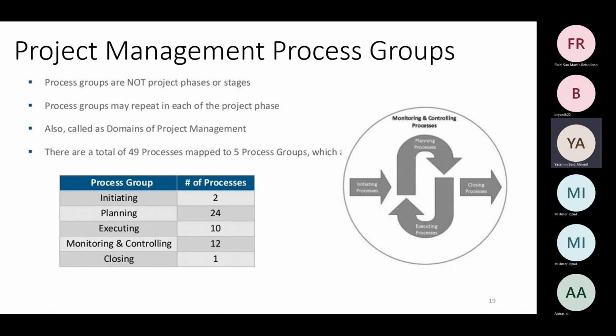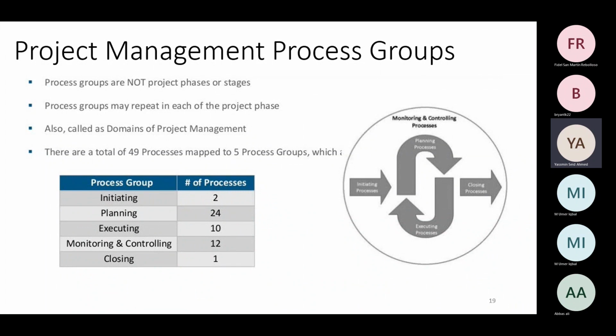So for example, if you take a phase, let's say requirement gathering is a phase. So we initiate requirement gathering, then we do planning about how we are going to gather requirements. Then we execute, which means we actually go and maybe do interviews, or we run surveys, or we do focus group exercises and so on.